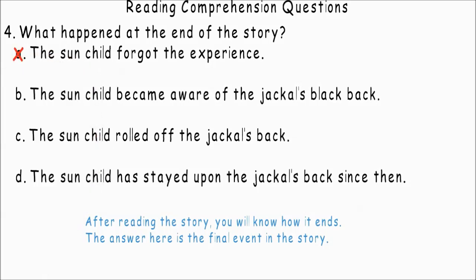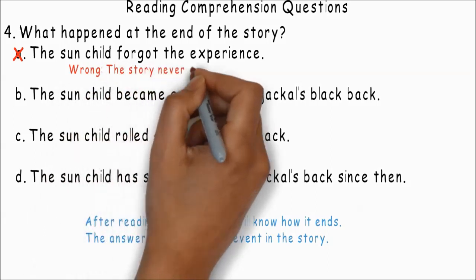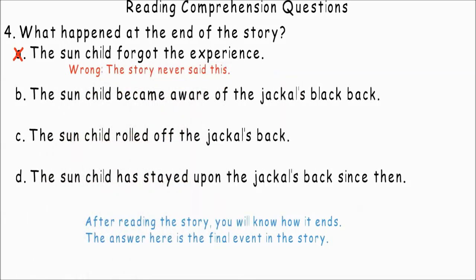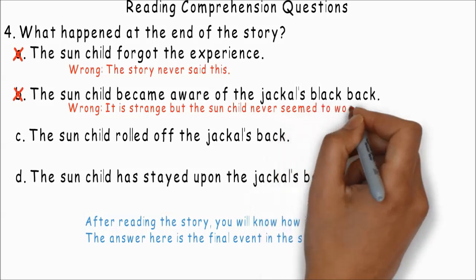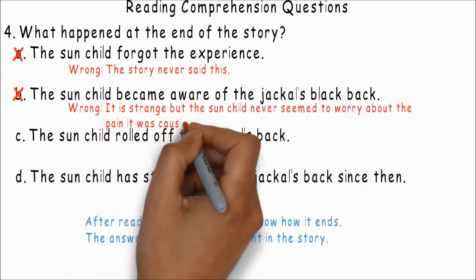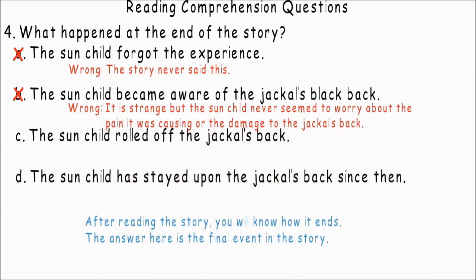It's not A. The story never said that the sun child forgot the experience, so it can't be that. And it's not B. It is strange, but the sun child never seemed to worry about the pain it was causing or the damage to the jackal's back. It's kind of sad.